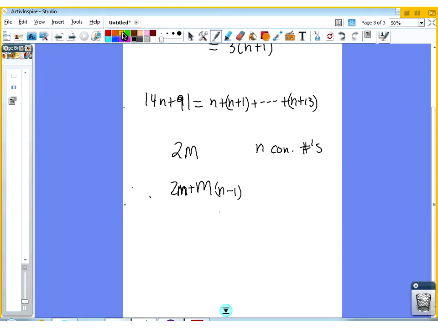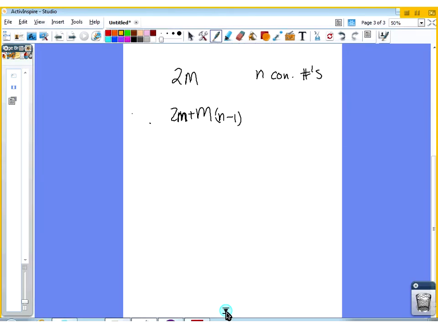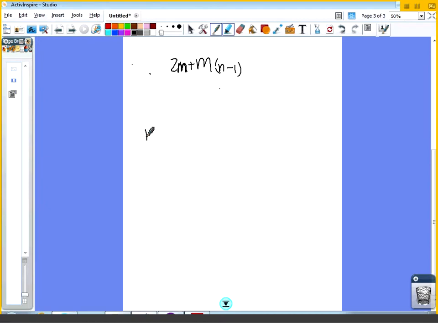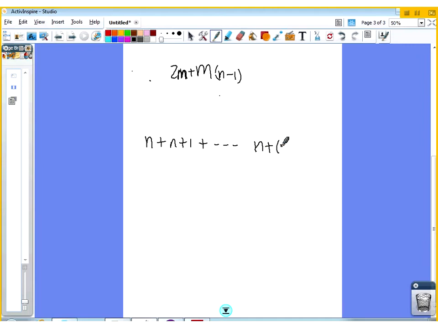What if we organized it a little bit this way? Because if you took n plus 1 all the way up to n plus m minus 1, how many consecutive numbers is this? This is m consecutive numbers, right?